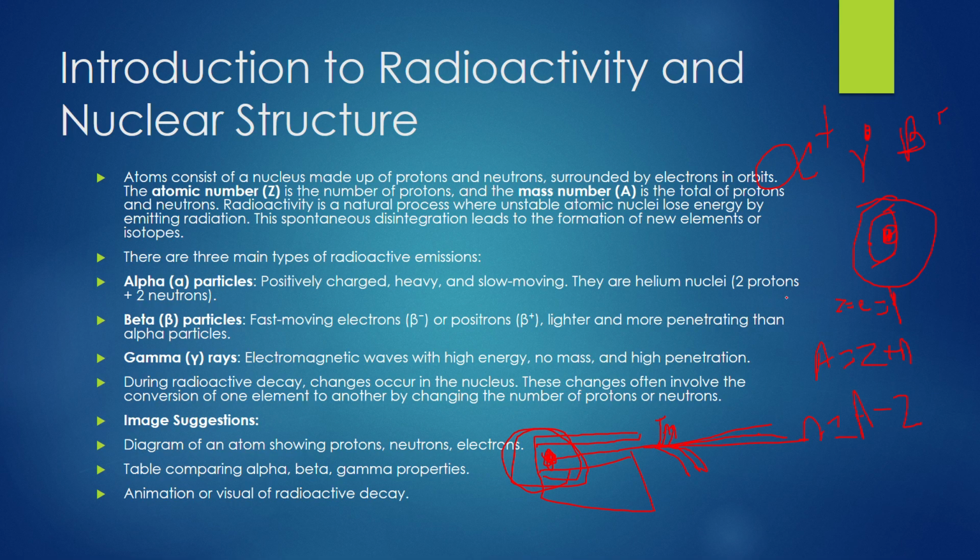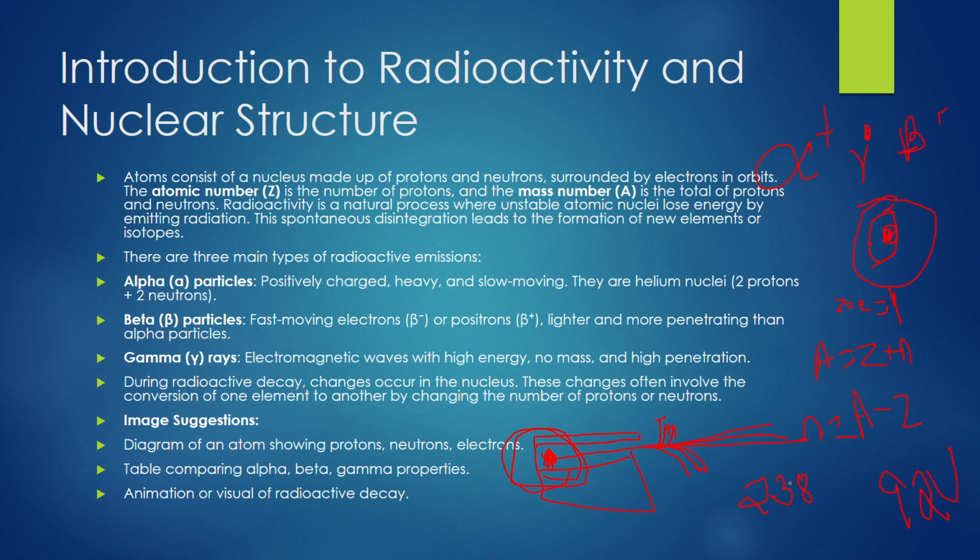The atomic number of uranium is 92, and its mass number is 238.